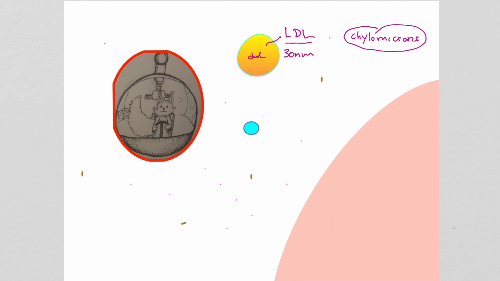The bluish ball here is protein, most likely albumin, because albumin is the most abundant protein in the bloodstream. Of course, there are many different proteins in the bloodstream, your immunoglobulin G or IgG, your clotting proteins and whatnot. So many proteins.